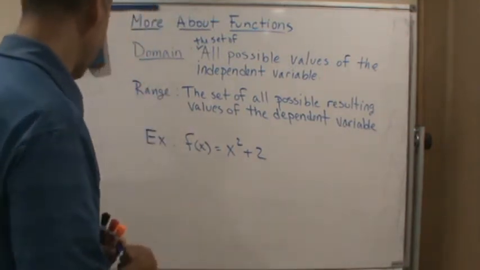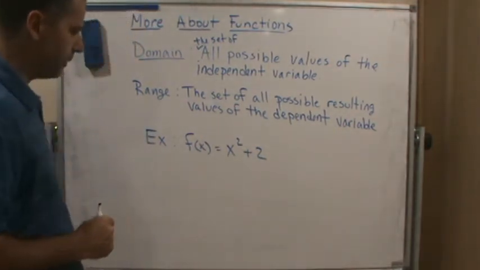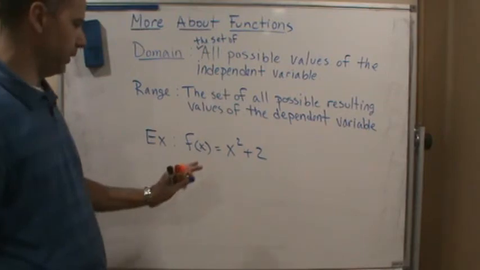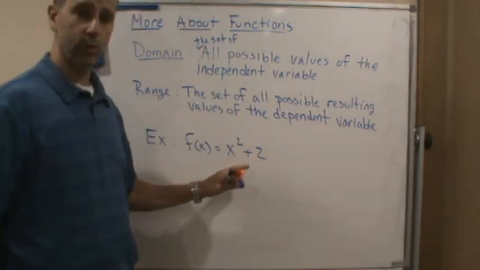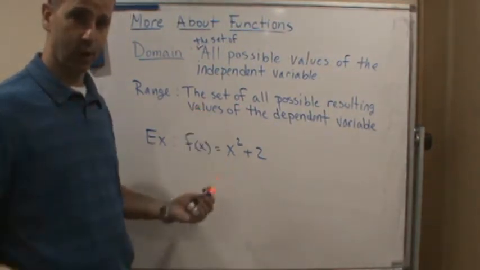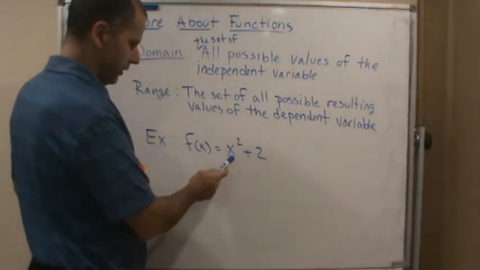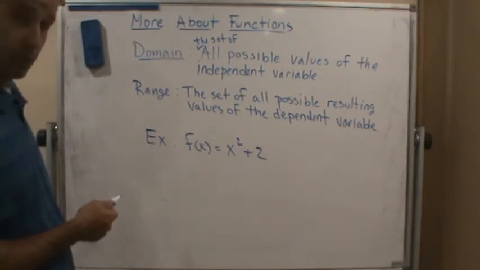So for example, if I look at this function here, and we ask ourselves, what values of x can I put in here? Are there any values of x that are what we call restricted? Which means that if I put that value in here, something's going to go wrong. And the answer is no. There are no values that I cannot put into x squared plus 2.